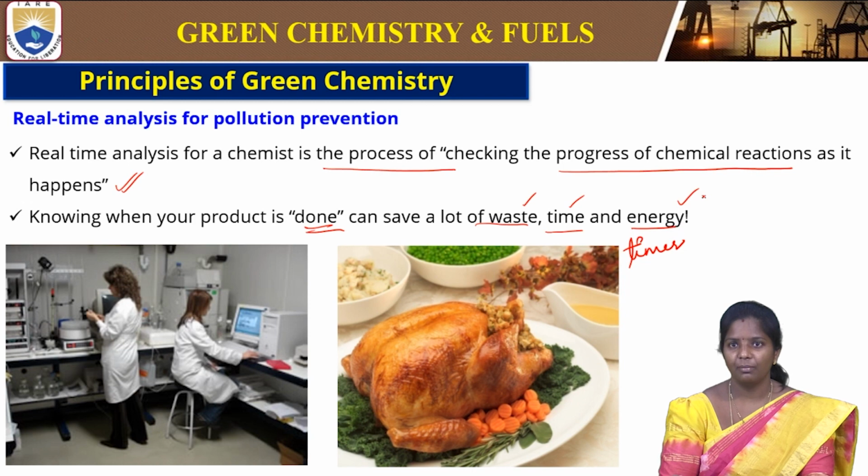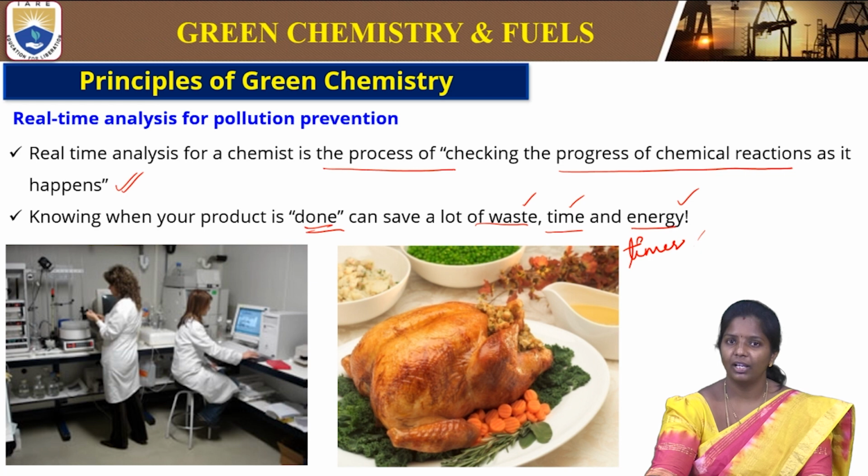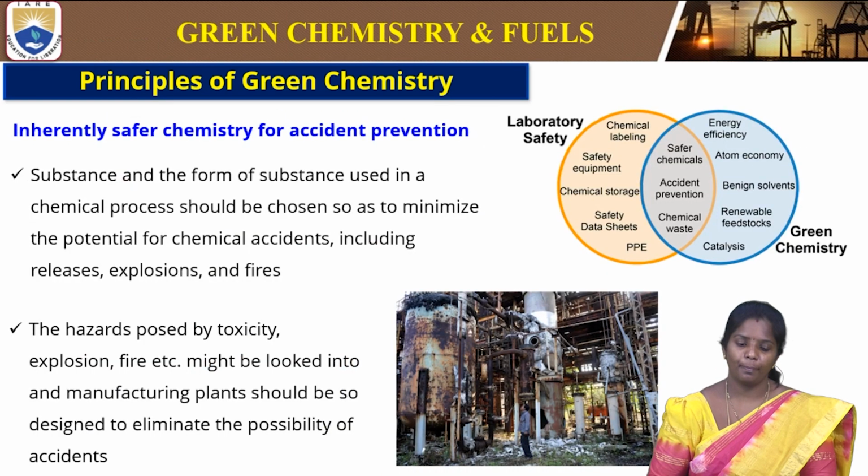If we microwave food and set a timer so that it switches off, the time is reduced. The wastage, if the food is burned, is also reduced, and the energy, that is the fuel or electricity we give as input, will be reduced. This is how real-time analysis will help in reducing pollution.